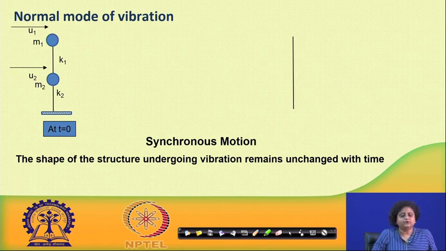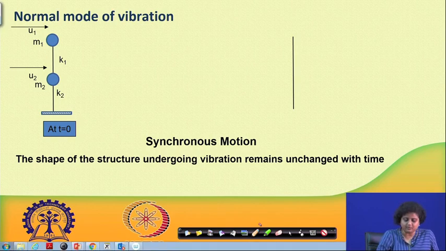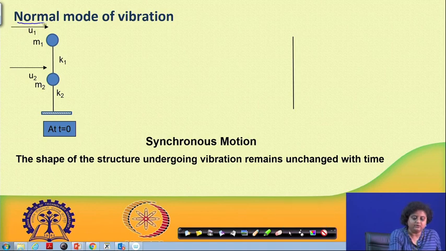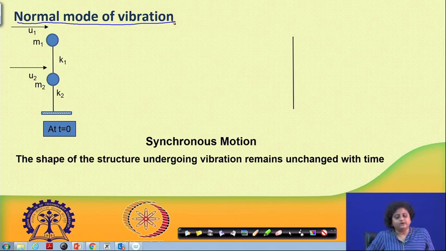In order to solve the previous equation, we need to understand what is meant by normal mode of vibration. This is a special form of vibration which has a very important physical meaning, and we will talk about that in detail. So, let us try to understand what is normal mode of vibration.